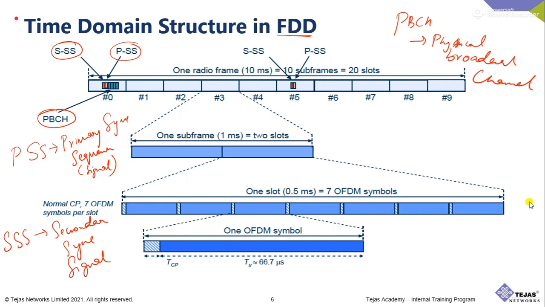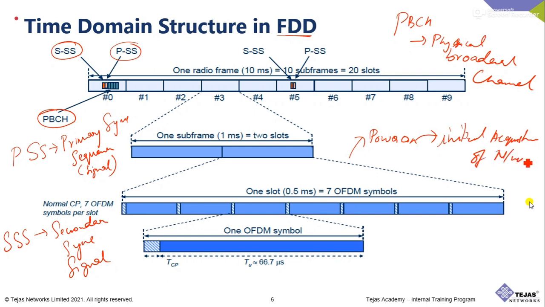Okay. Now, whenever we switch on our mobile, the first thing is it has to do the initial connection. That means it has to do the initial acquisition of the network.